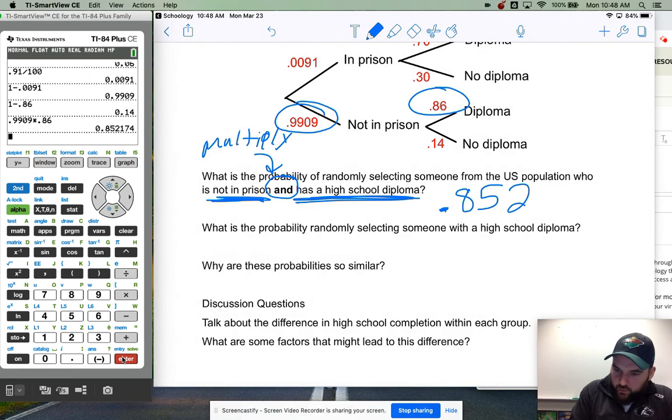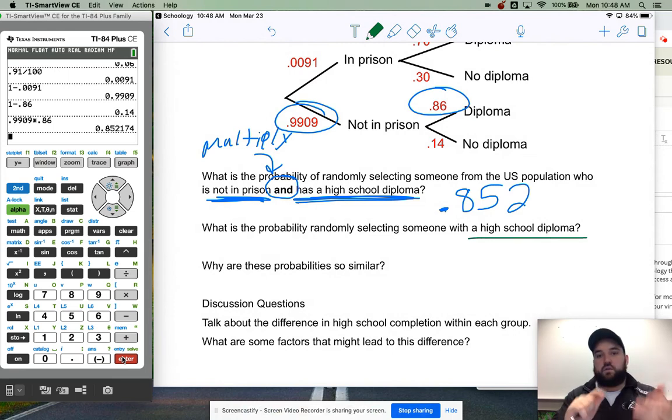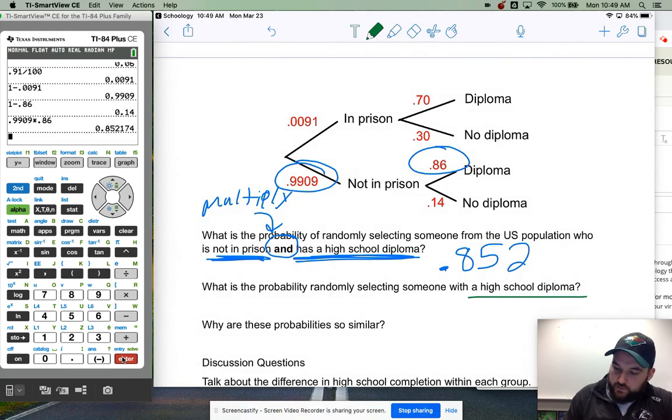Okay, the next question: what is the probability of randomly selecting someone with a high school diploma? There's no word "and", and there's no word "given". So that means I want everyone that has a high school diploma together. There's two sets of categories here. There's the people who aren't in prison that have their diploma, but we can't forget the people who are in prison that still have their diploma. This number we already figured out from the previous problem is 0.852.